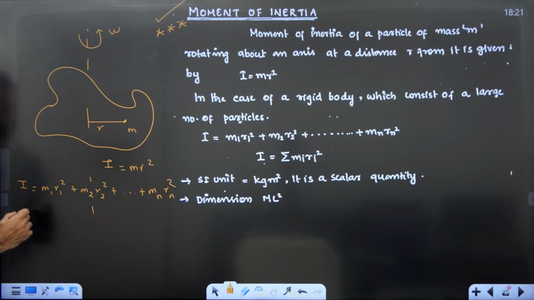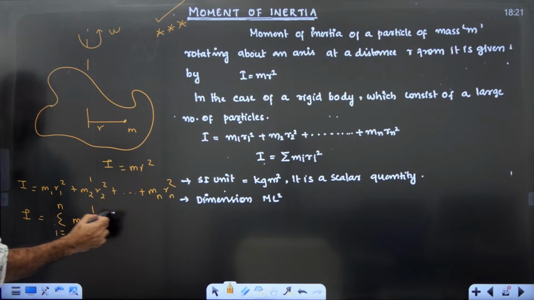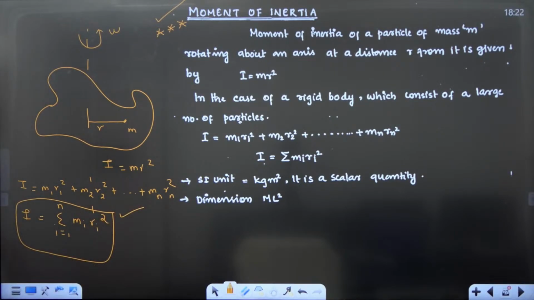This can be written as moment of inertia I equal to sigma over i equal to 1 to n of mi ri square. This is the equation for the moment of inertia of a rigid body having n particles.